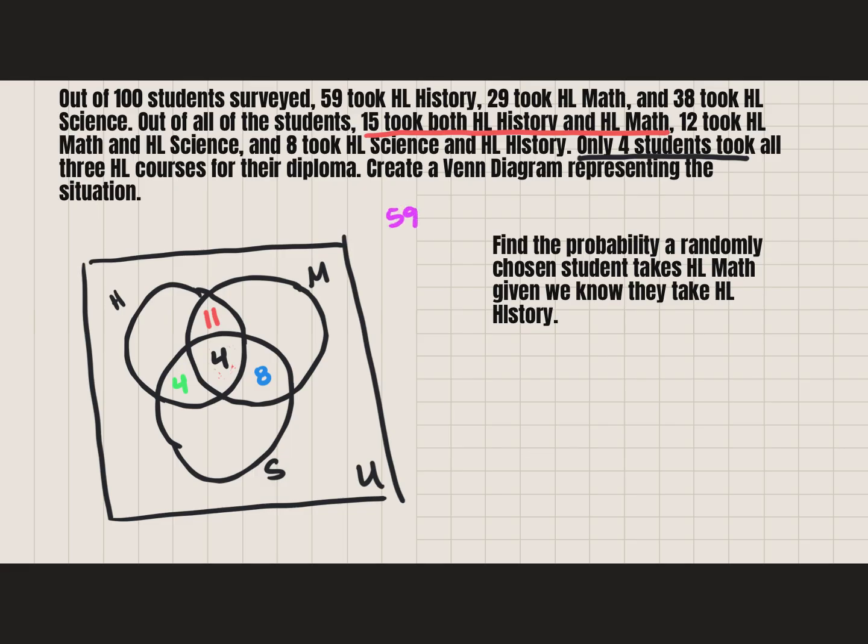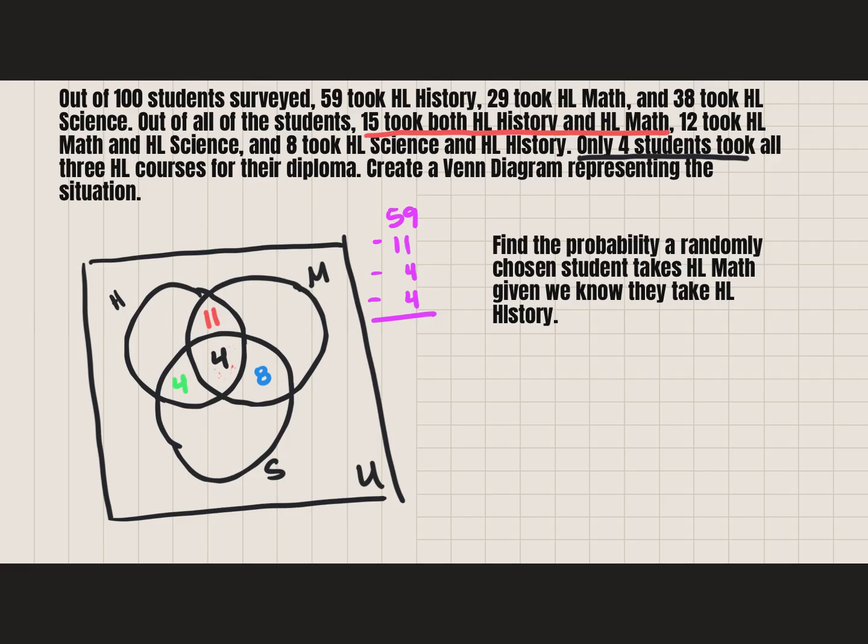Okay? From there, I know that 59 students took history. Well, I know in total there were 11 students that took just history and math. There were 4 that took history and science already accounted for. And there are 4 more that took all 3 courses that we already accounted for out of that 59.